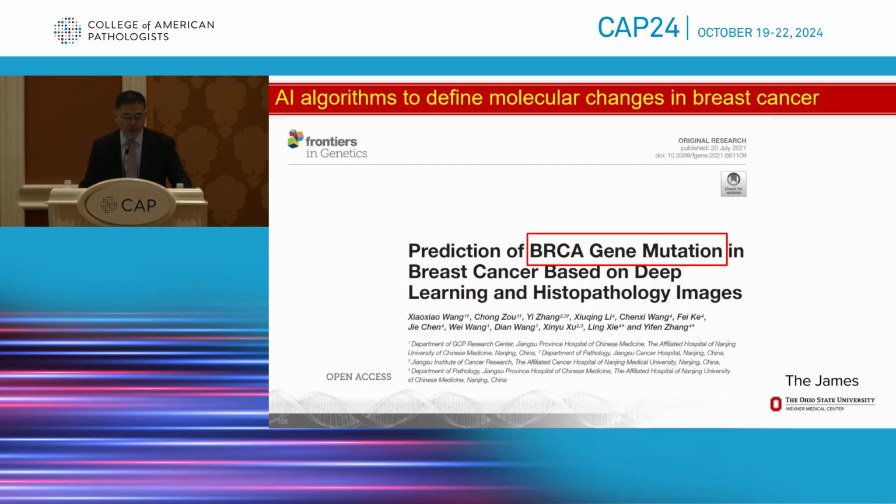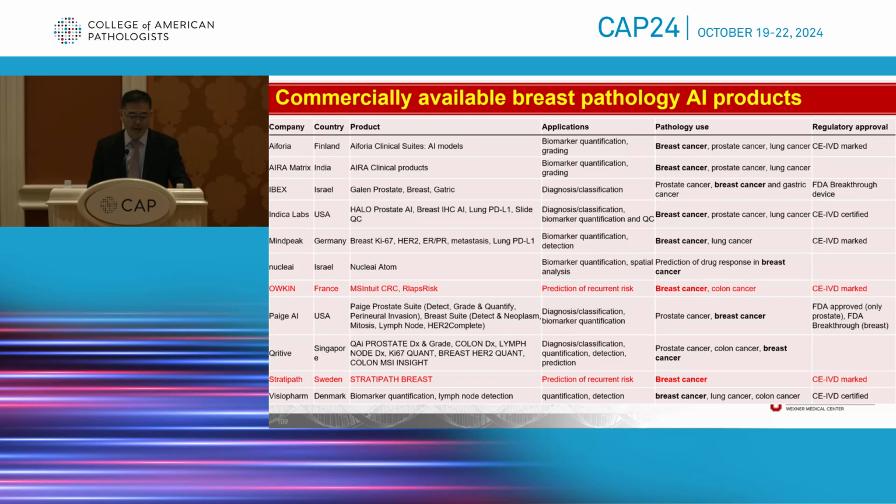And other studies use AI tools to predict BRCA mutation as well, and I believe lots of them predict other genetic mutations in other tumor types, such as colon cancer for MSI, endometrial cancer, some of those specific mutations, not only limited to the breast pathology area.